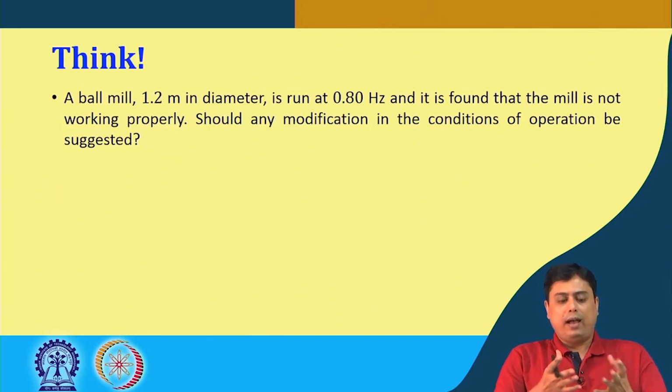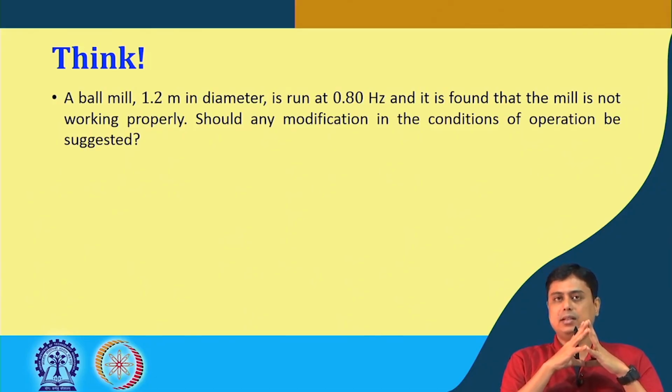So if you have to think about these operations that I have just discussed, say a ball mill of 1.2 meter in diameter runs at a frequency of 0.8 hertz, and it is found that the mill is not working properly. So is there any modification needed? Can you suggest something?